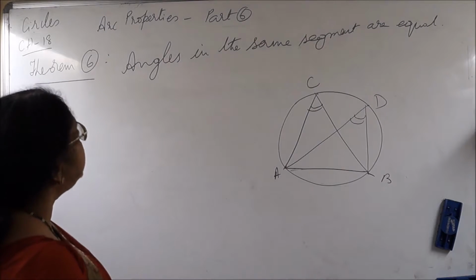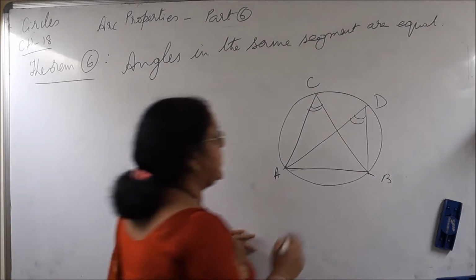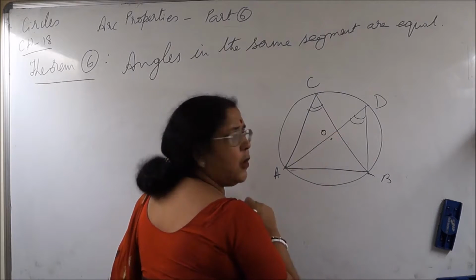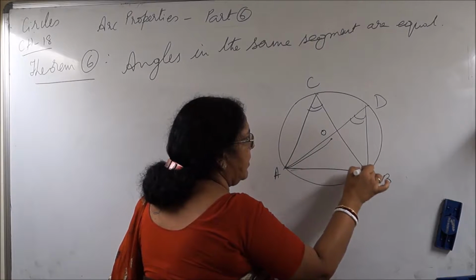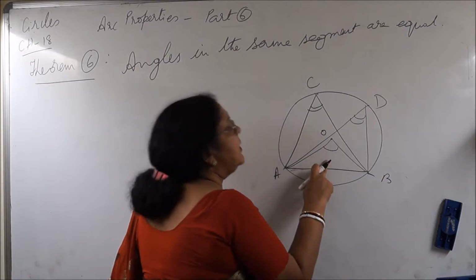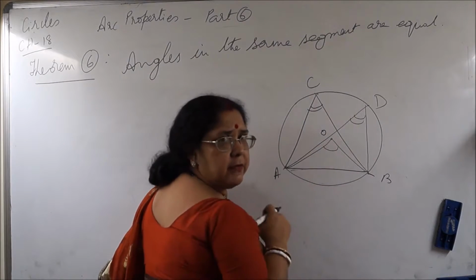We have already learnt that the angle subtended by an arc at the center O, in this figure AOB, is twice the angle subtended by the arc in the remaining part of the circle.